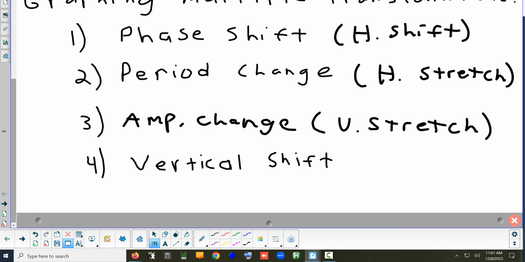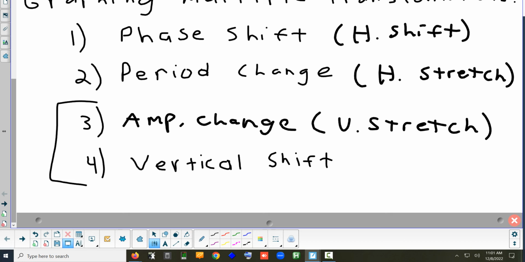Where the order starts getting important is if you have 3 and 4 in the same problem, because it makes a difference if you, for example, think of PEMDAS. If you add 5 to something and then double it, or double it and then add 5, those are two different results. So you've got to be careful when you have multiplication and addition on the same axis.